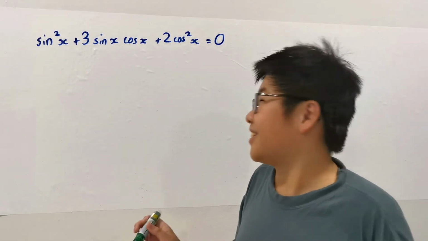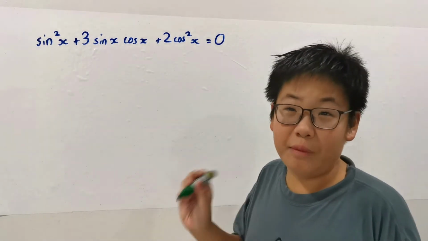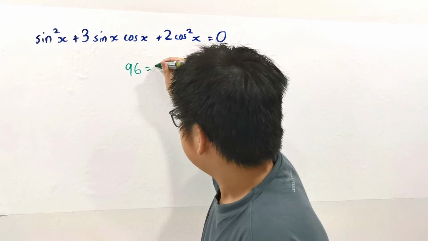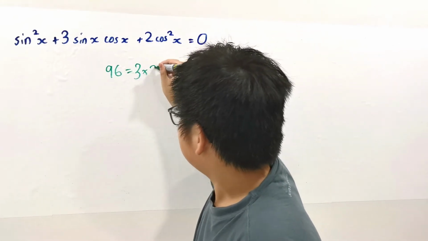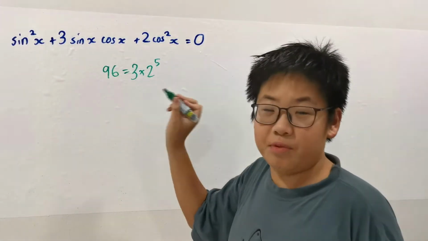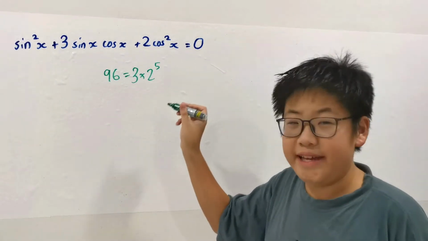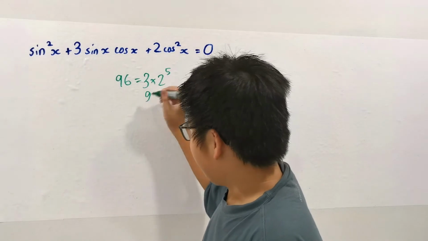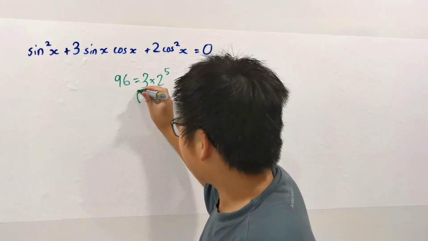What is 96? 96 is the last three-smooth number before 100, because if you look at its prime factorization, it only has prime factors less than or equal to 3, hence it's a three-smooth number. If you write 96 this way, you can just flip it around.